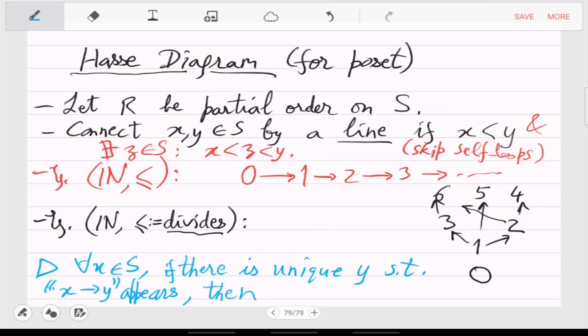Then what can you say about the order? No, I'm looking for a property of the order. If for every x there is a unique y? Yeah, I wanted to say total order, but probably that is not true. I think only the converse is true.